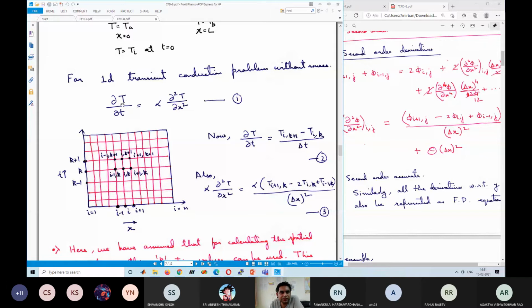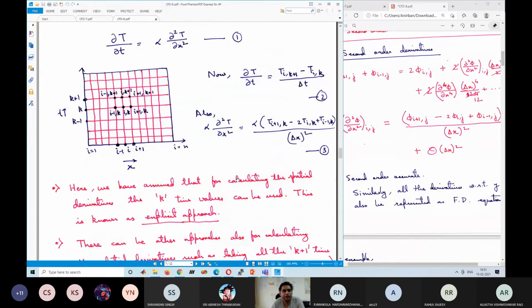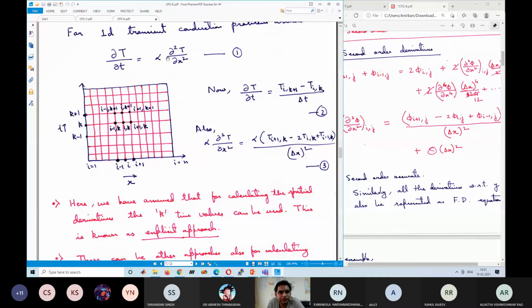So now we will replace the terms in the equation with these values. One side we will replace by this value, one side by this value. By doing this, we have replaced all the partial derivatives from the PDE, and we are only left with grid point values. What are the grid point values we are left with?